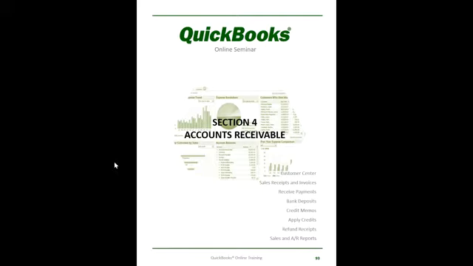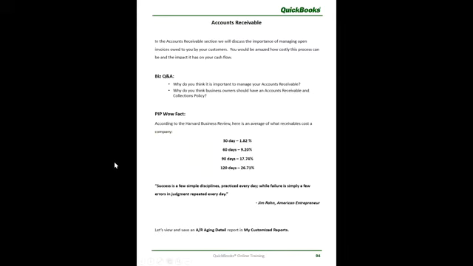Okay, so I am going to go ahead and go to the next page. A wow fact for you: according to the Harvard Business Review, here's an average of what receivables cost your company. If they are 30 days out, it's costing your company 1.82%.